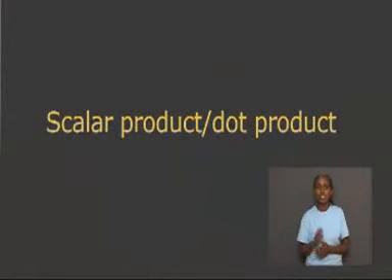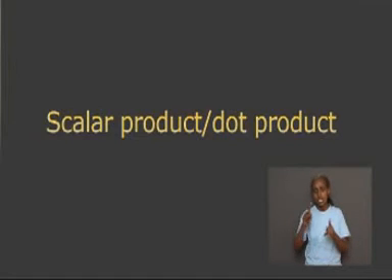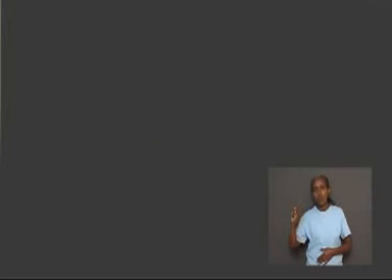Well done. There is also a procedure called a scalar product operation. This describes when we multiply one vector by another, which produces a scalar as its final product. This is also known as a dot product.